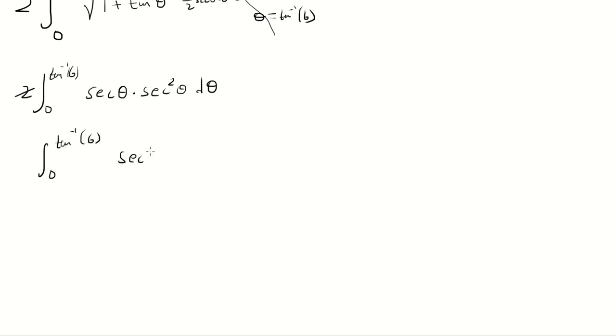And in order to integrate this, I'm going to use the reduction formula, which says that the integral of secant to the nth power is secant to the n minus 2 over n minus 1 times tangent x.